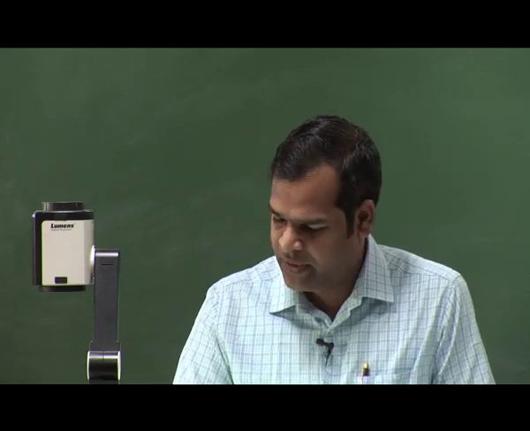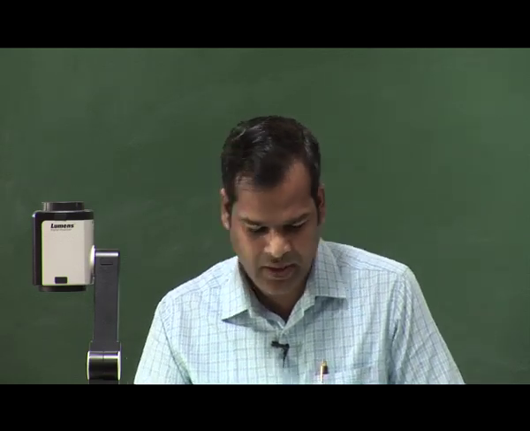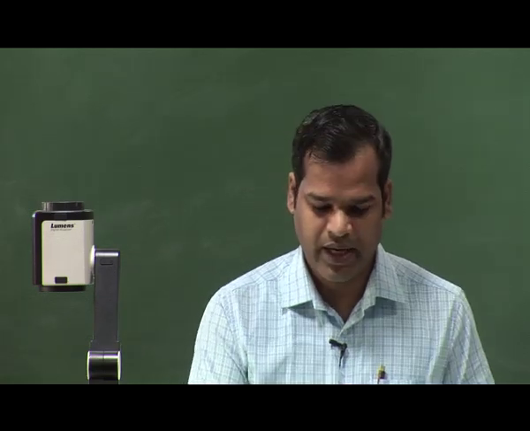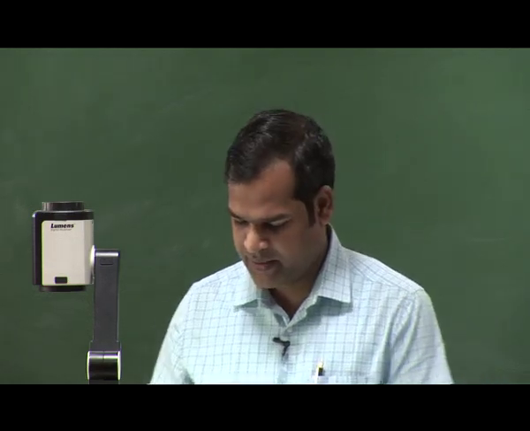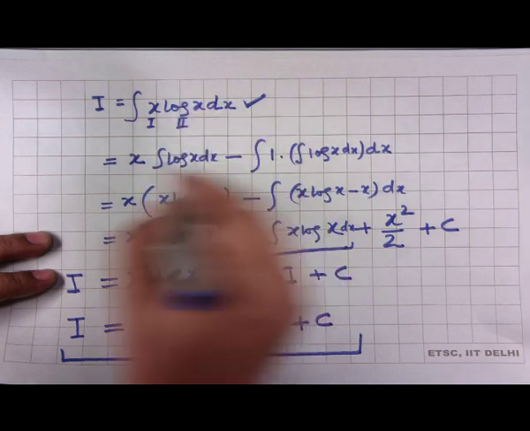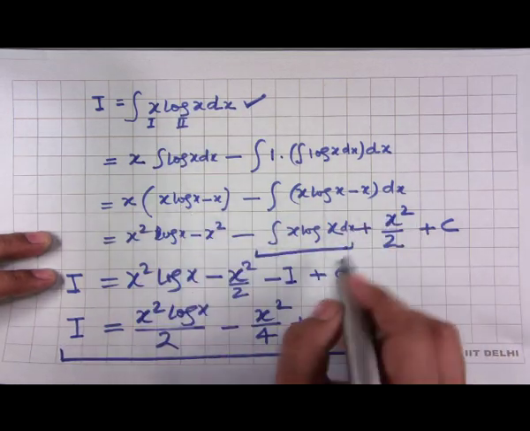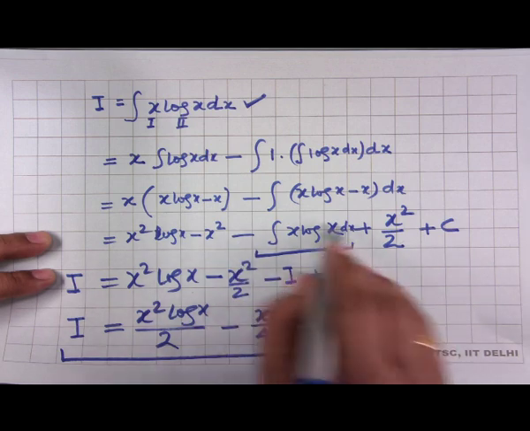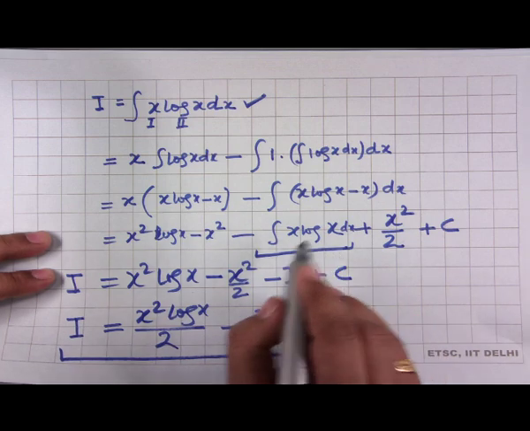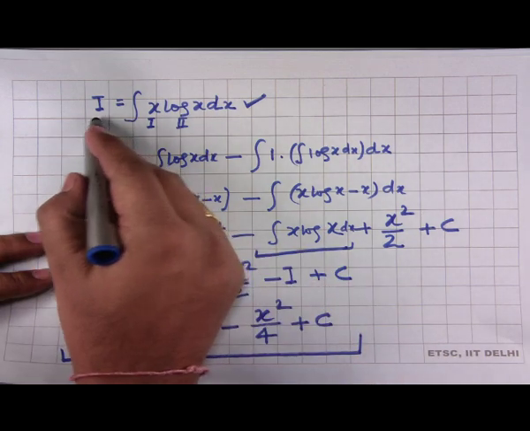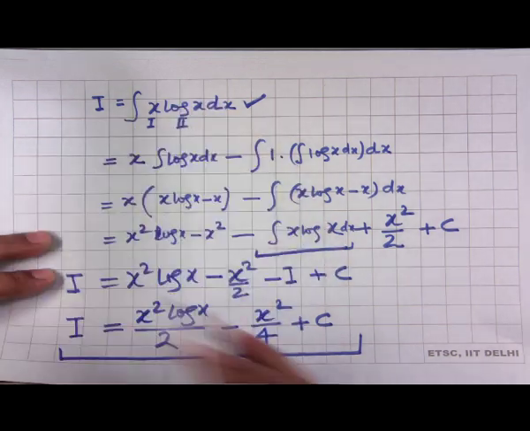So, if you have noticed, when we were finding the integral of x log x, we used an idea there. We wrote this I function, and when the integration process proceeded, we found that the integral turns out to have a certain relationship with the original integral itself.